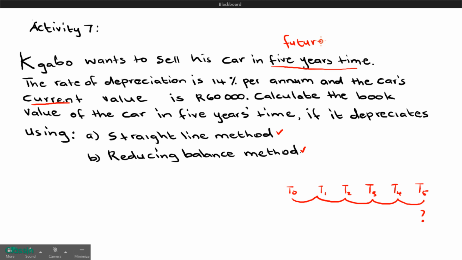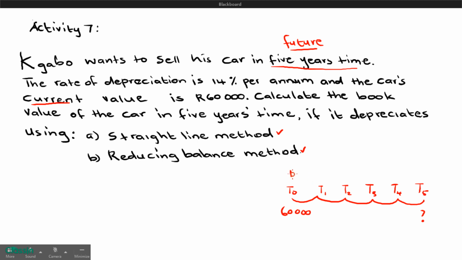This is the future. Again, the future tense, something that is still to happen in 5 years to come. But the value of the car, where we are right now, is 60,000.